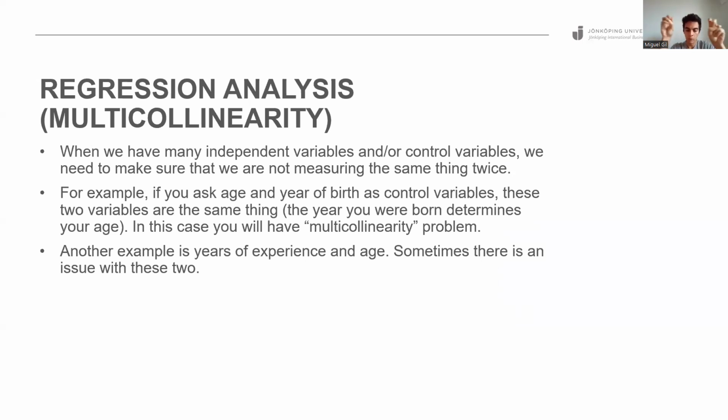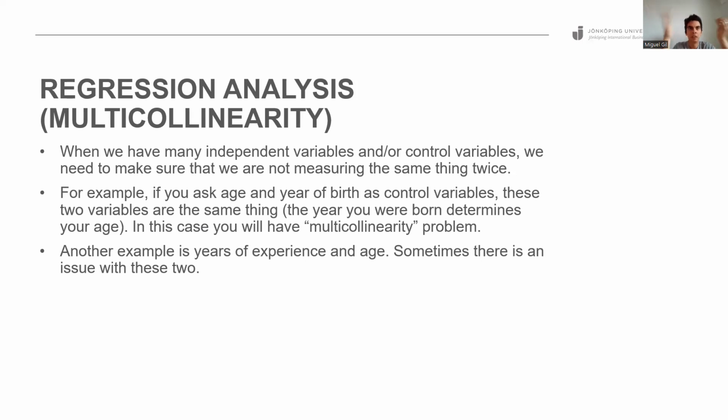The problem of multicollinearity happens when you have variables that behave very similar, because they are actually the same variable. And here I have a good example. If you ask the age, but you also ask your year of birth, that's basically the same thing, right? Because I was born 1989 and I am 33, almost 34.